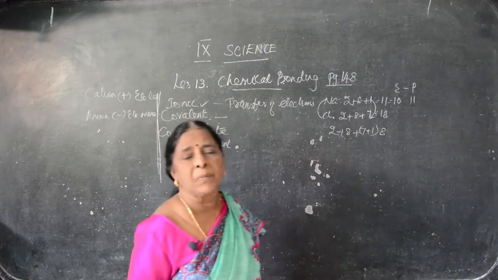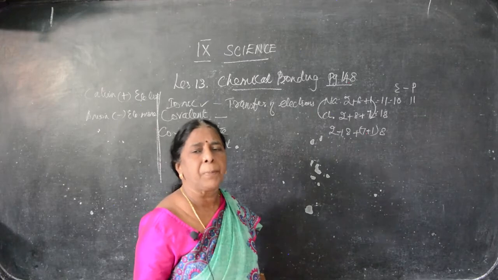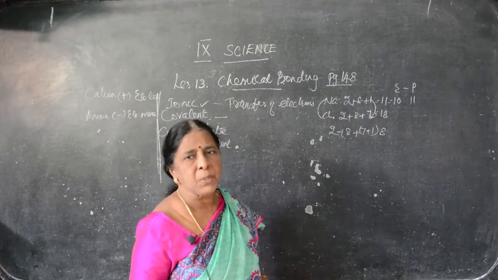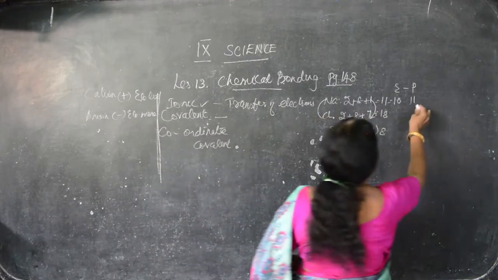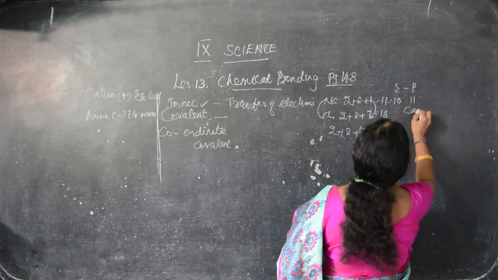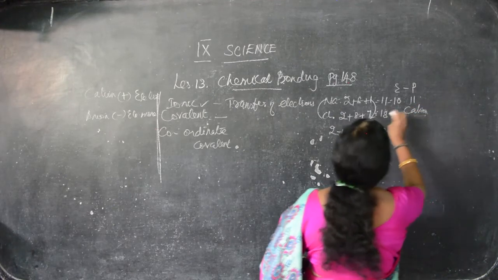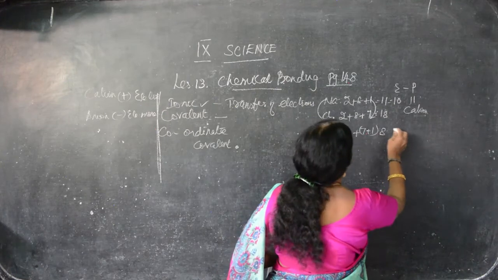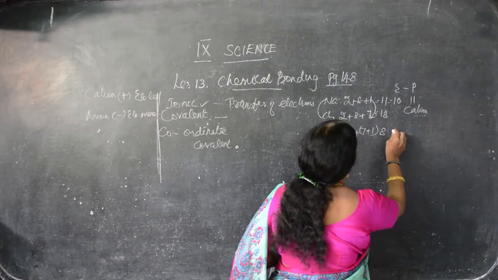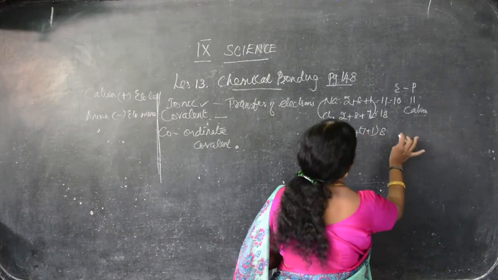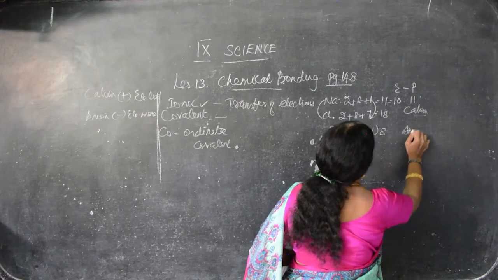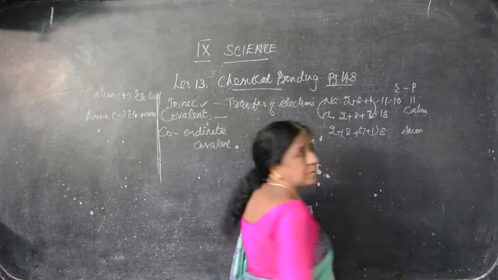Which has more? Proton. Proton is positively charged, so sodium is a cation. Chlorine gains one electron, and protons remain as they are, so this is an anion. Clear?